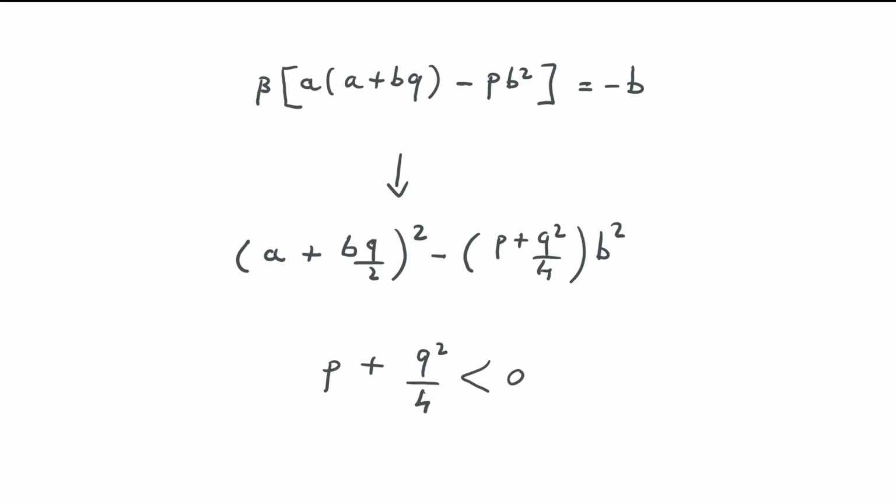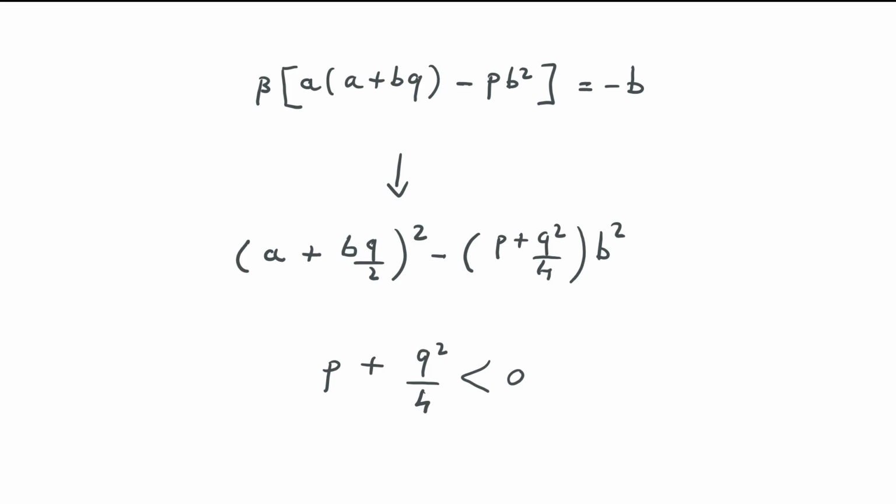Because if b is 0, you can check that this term reduces to a squared. And a squared cannot be 0 because a cannot be 0 when b is already 0. You cannot have both of them at the same time being equal to 0. So this condition is sufficient, and that's fantastic actually.